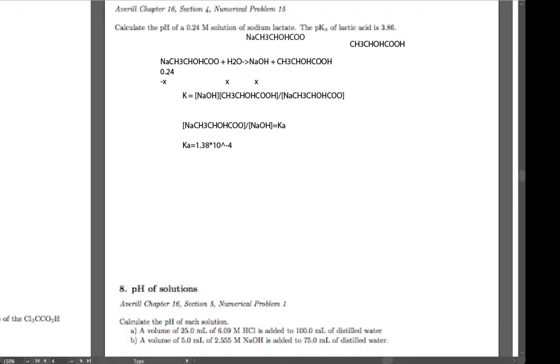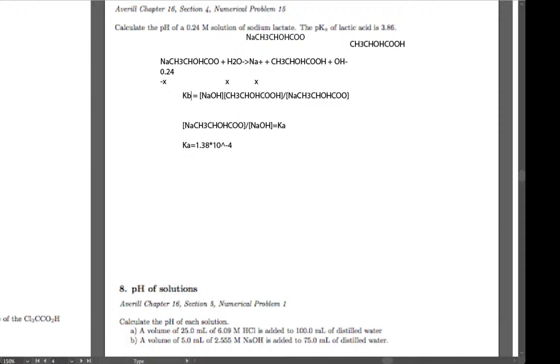This would result in Na plus, and this sodium, no, sorry. So basically sodium lactate plus water would result in the sodium ion plus the lactic acid plus again the hydroxide minus.